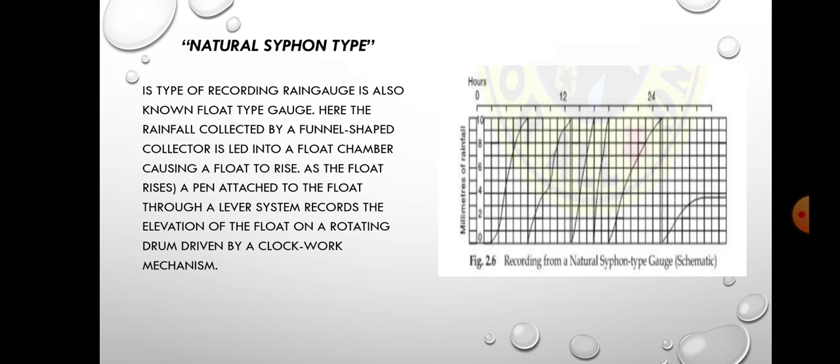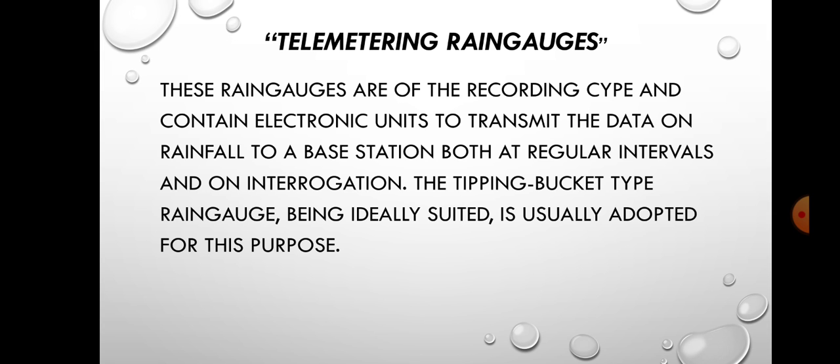Here the rainfall collected by a funnel-shaped collector is led into a float chamber, causing a float to rise. As the float rises, a pin attached to the float through a lever system records the elevation of the float on a rotating drum driven by a clockwork mechanism. An example is shown in figure 2.6.